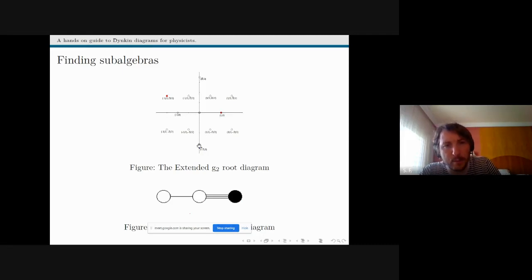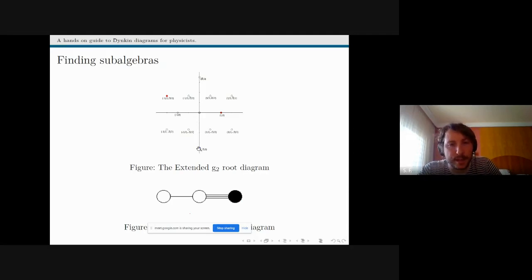So this is the lowest possible root in this representation, right? And if you look, this root here is the shortest root, so we'll fill this in, and that gets a solid dot. Then there's 150 degrees between this root and this root, so I'll have 3 lines here, and this is the longer root, so this becomes an open dot.